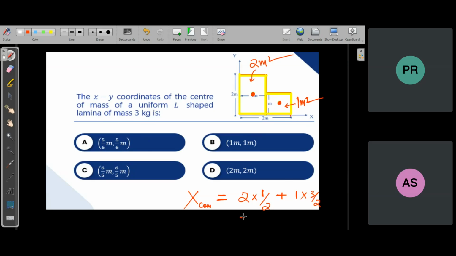Okay, so just use this formula and you can calculate. Total mass is 3 kg. Simplify, you'll get the answer. So I think you are getting the x coordinate as 5 by 6 and maybe the y coordinate also 5 by 6. You can check it.